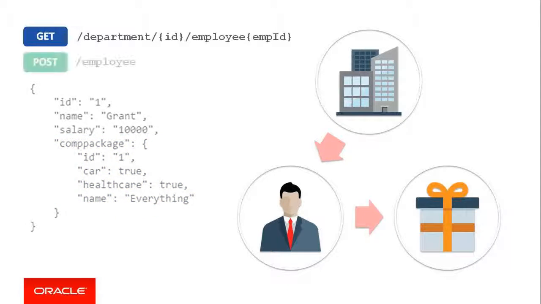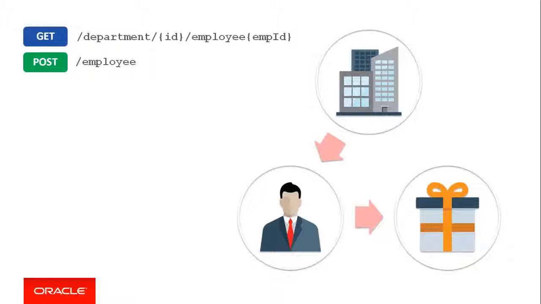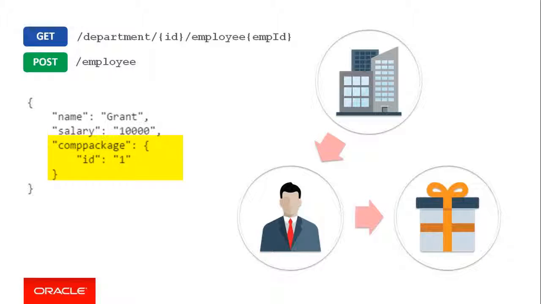And if we want to post an employee resource, basically we're creating a new employee, then Express API has worked out what the payload should be. In this case, we supply the employee name and salary plus the reference to the compensation package for that employee. So you're not supplying the whole compensation package, only the key that references the compensation package you require.